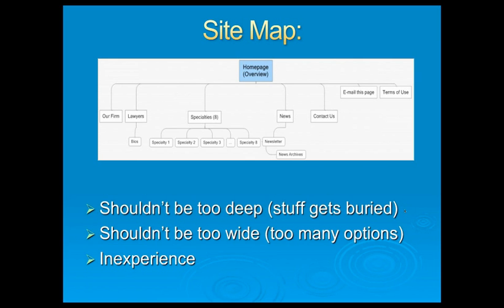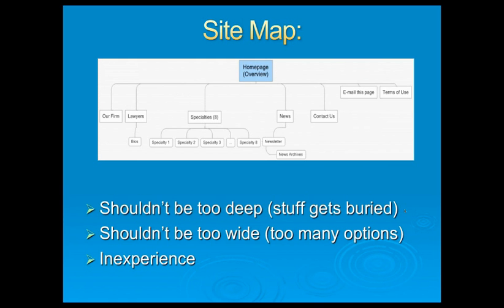The second thing is that it helps users who might get lost on your website. So instead of having a help button or a search button on your website, they can just click on the sitemap and all the pages are listed hierarchically and they get to pick and choose what pages they want to go on.